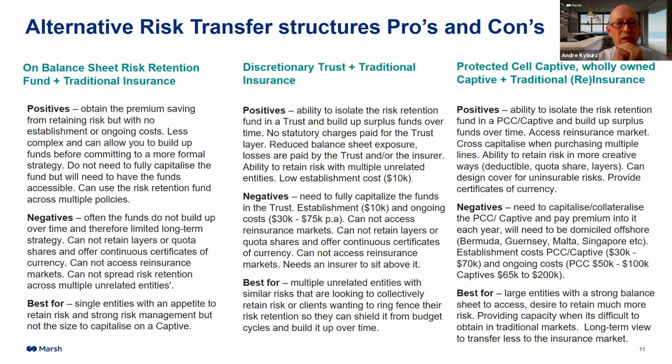So any risk that remains in the PCC or that you want to retain, you have to fully collateralize. That can be either by full 100% reinsurance that's acceptable to the PCC owner, or collateral like a letter of credit, cash in a trust account, and so forth. Whereas, of course, in an insurance company, which a captive is, you don't have to fully collateralize the risk that you retain. So from a capital and collateral perspective, there might be differences there.